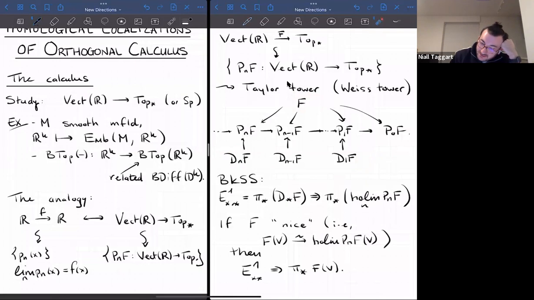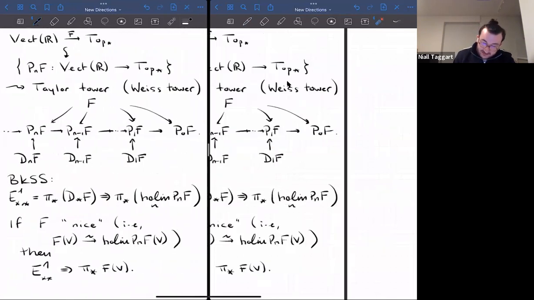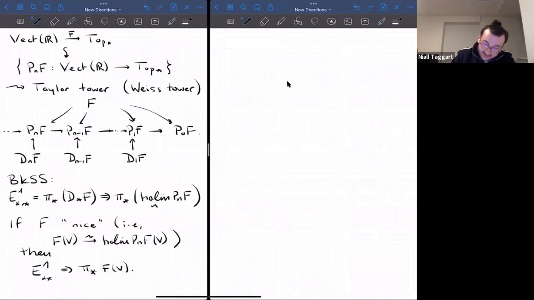So the kind of obvious question is, well, can we actually calculate these guys? And to do that, you should think of these guys as, in some sense, so this D_n F is the homotopy fiber of the map from the nth approximation to the (n minus first).